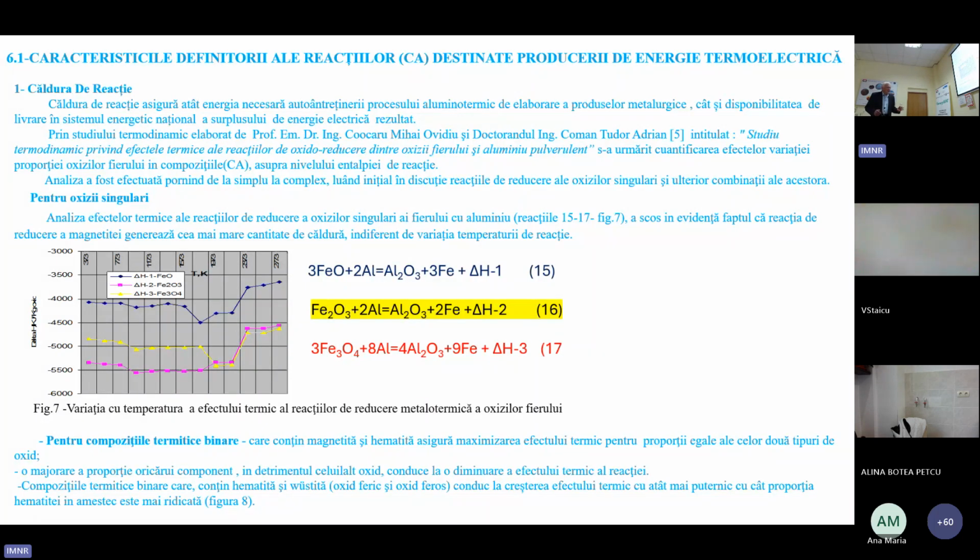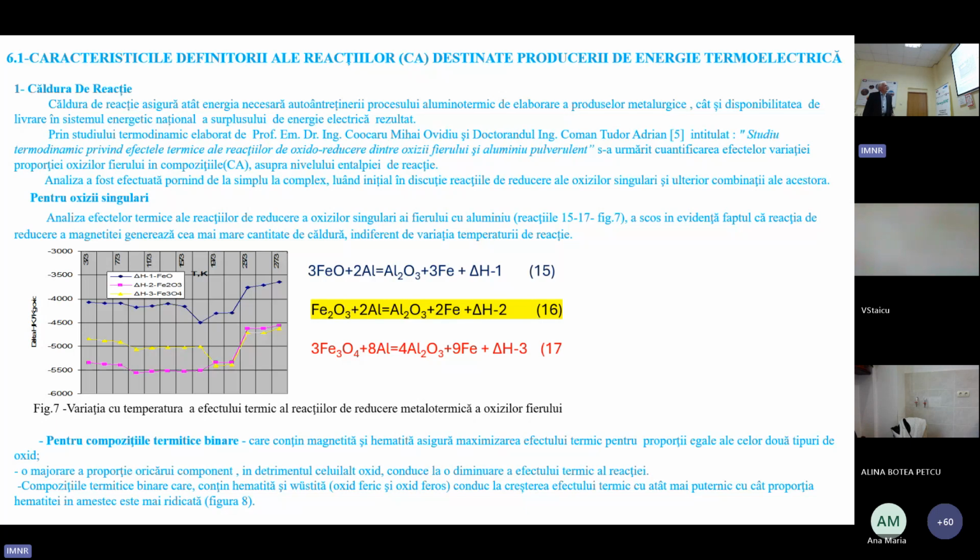De aici putem să mergem un pas mai departe și să ne gândim și să observăm, să scoatem în evidență că alcătuirea rețetelor termitice poate să conducă către cantități diferite sau alese prin proiectare, în funcție de cum se alcătuiesc rețetele termitice.